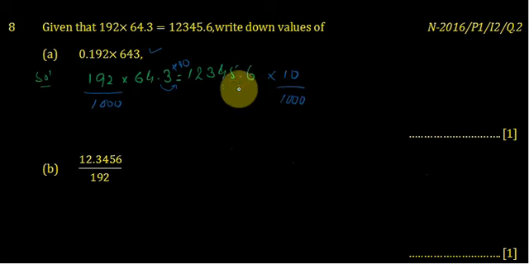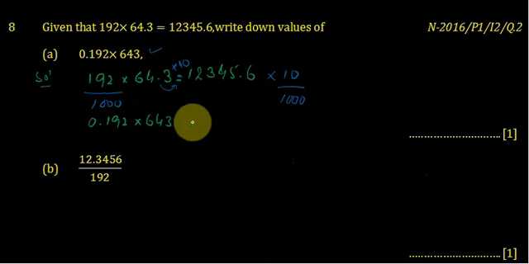So we balance the equation. We did the same operation on both sides of the equal sign. Now it becomes 0.192 and 643, which is required.